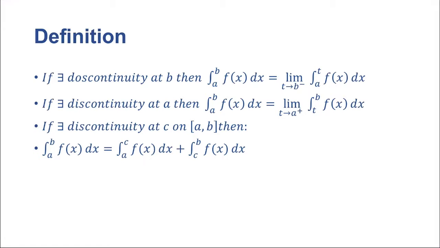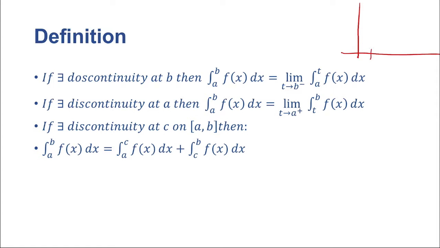So the first case, if there exists a discontinuity at b on the interval [a, b], then the integral between a and b of f of x dx is equal to the limit as t approaches b from the negative side. Remember the one-sided limits from the first or second video? Of the integral from a to t of f of x dx. So let's say for the first case, we have a graph here.